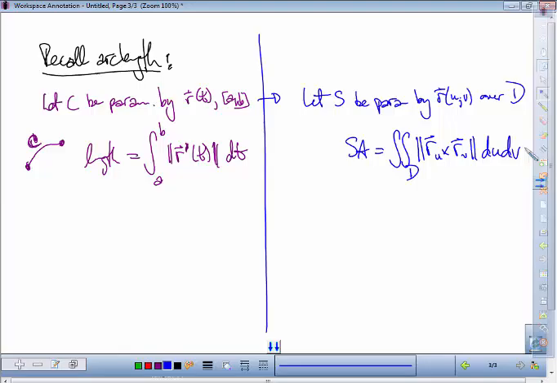Now, back in the beginning of this chapter, this arc length became something else. We introduced a new notation for the magnitude of r prime dt. Do you remember what that notation was?